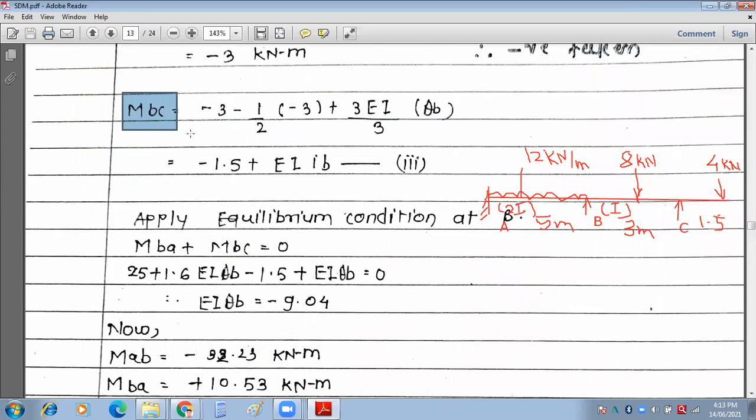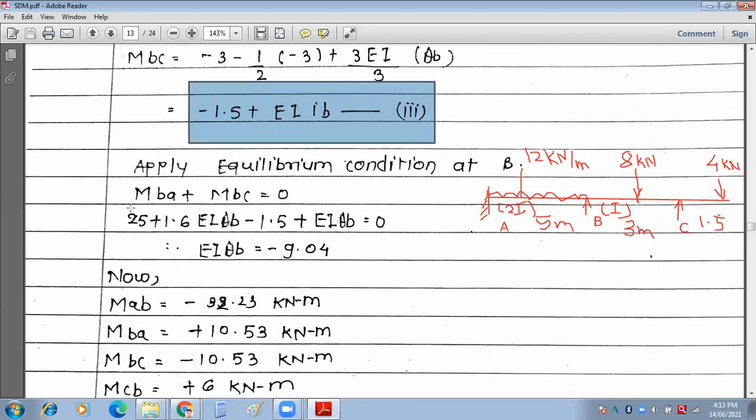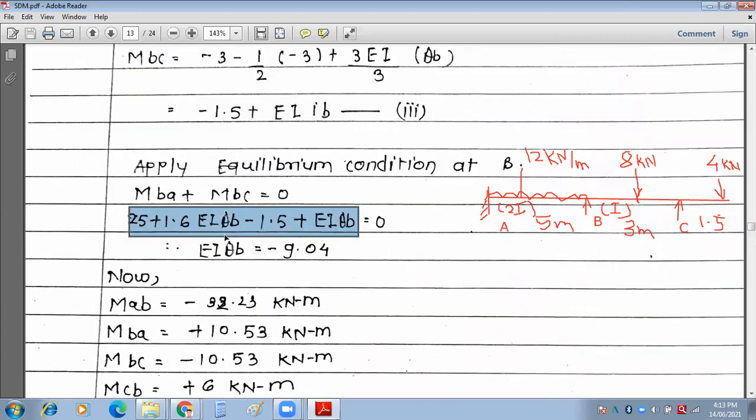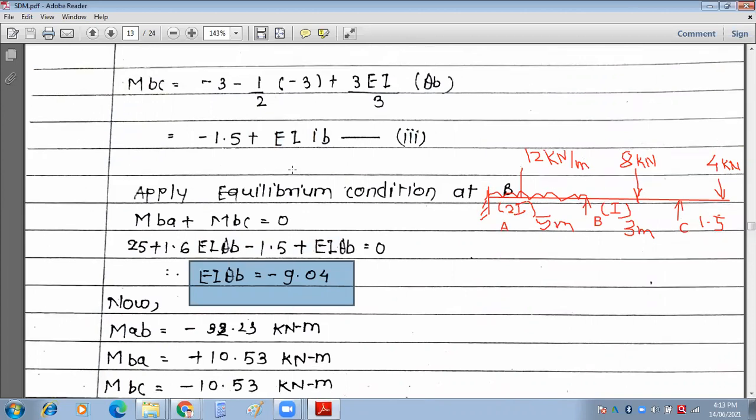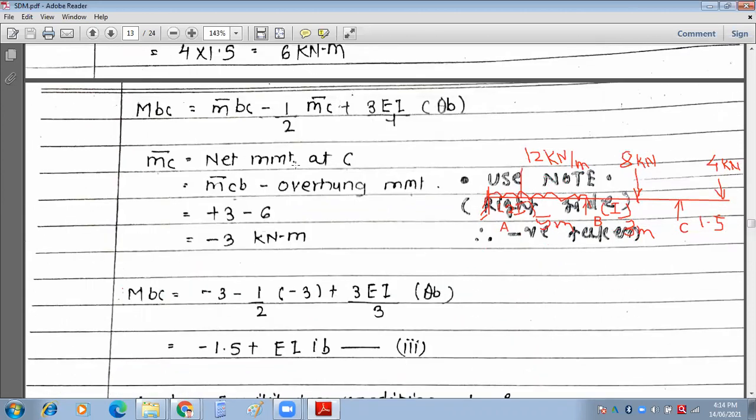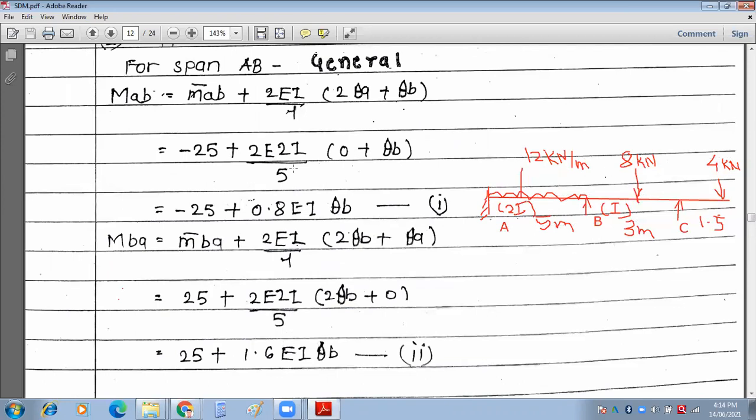These two equations we have to apply over here. You will get the EI theta B value, and once you get it, put this value in equation number 3, equation number 2, and equation number 1.